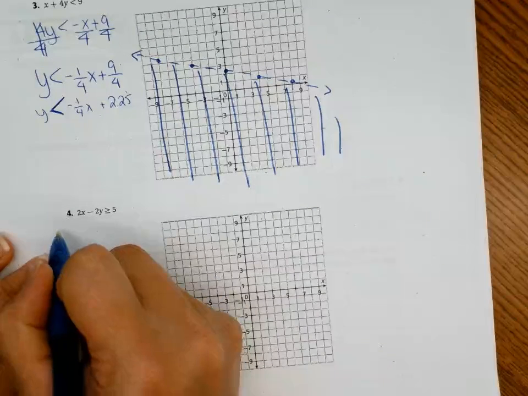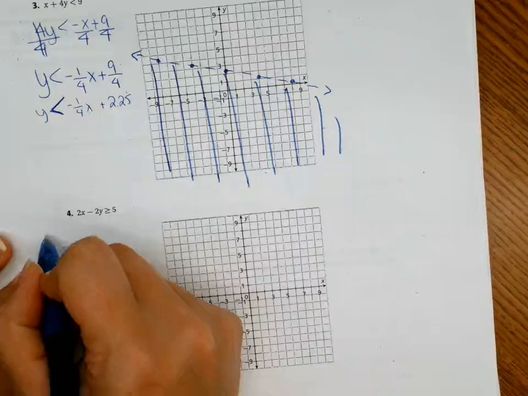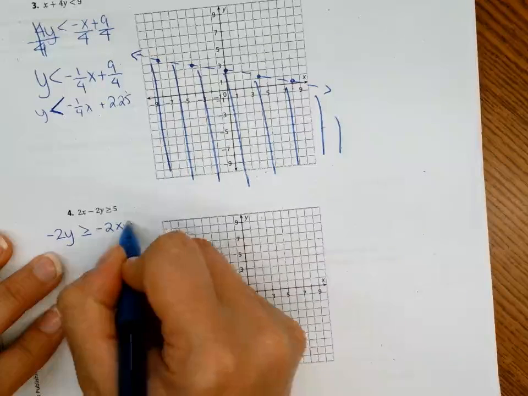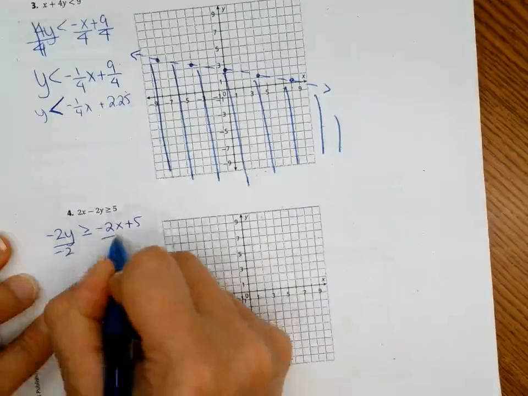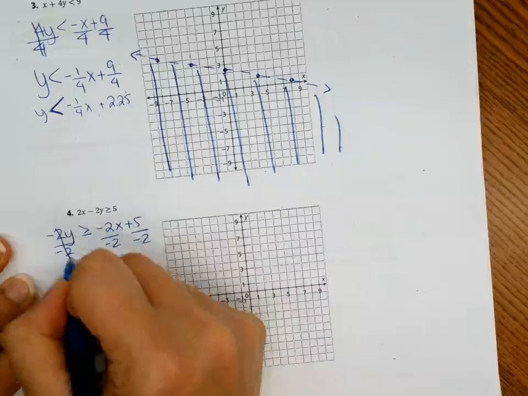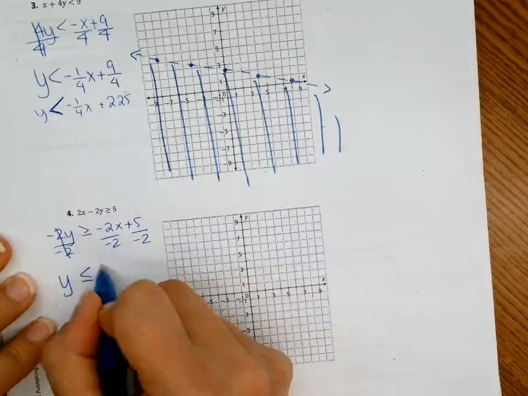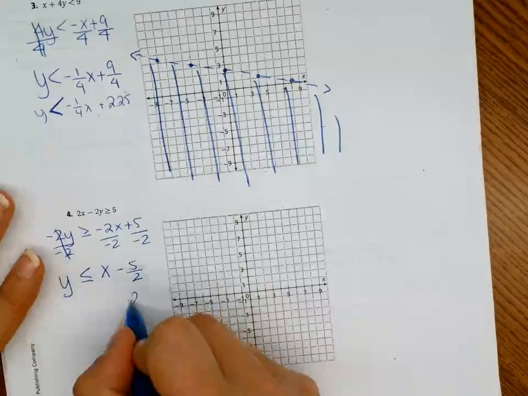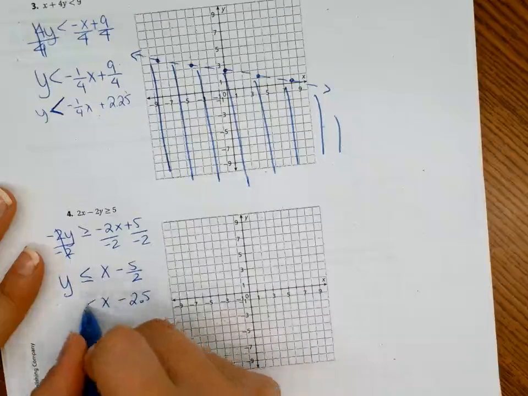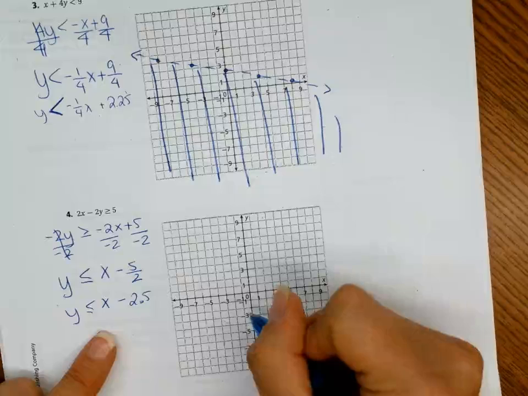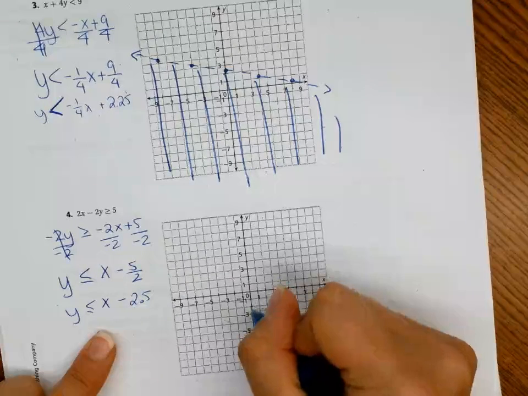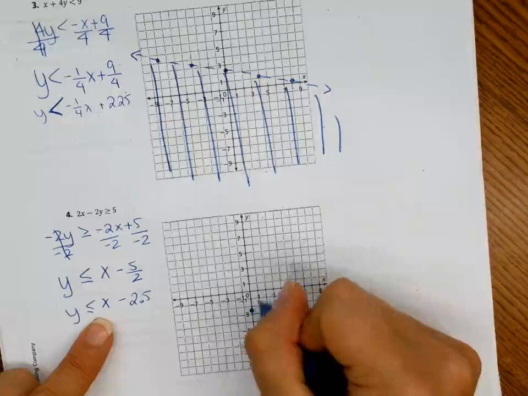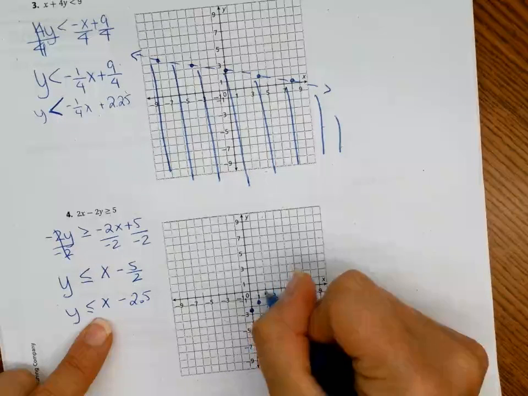All right, so on the next one, I would have negative 2y is greater than or equal to negative 2x plus 5. Divide by negative 2 everywhere, which means I have to flip my sign. 5 over 2 is 2.5, right? Negative 2.5. Slope of 1. Up 1 over 1.